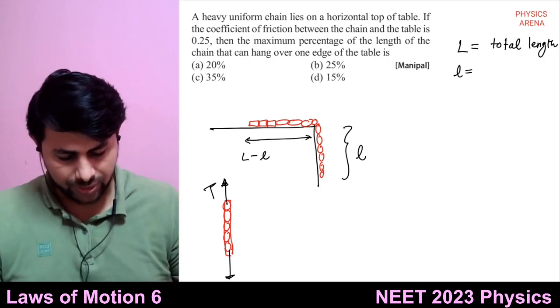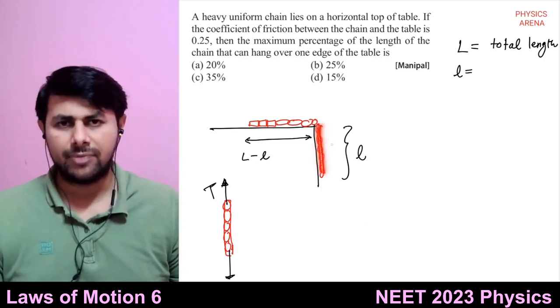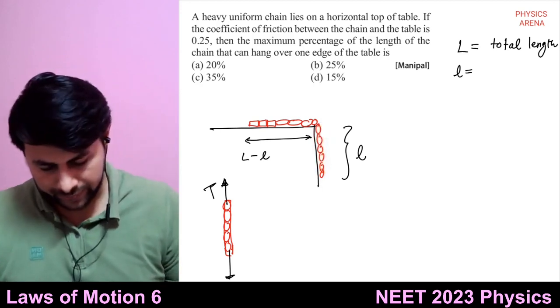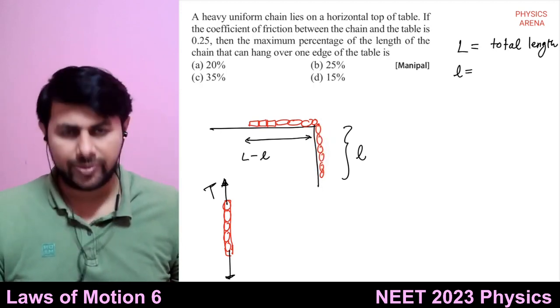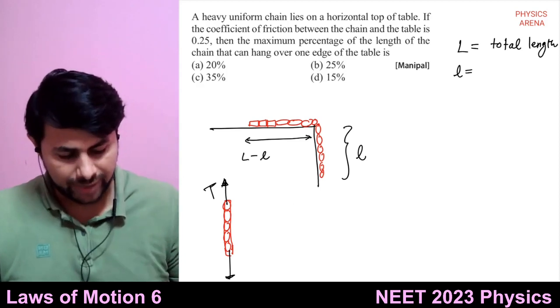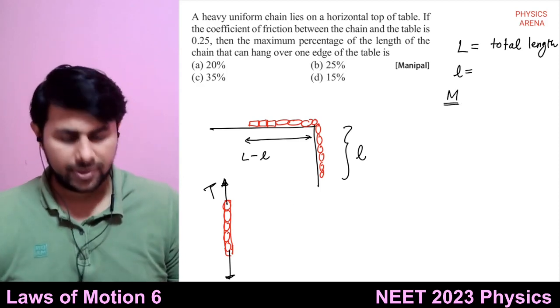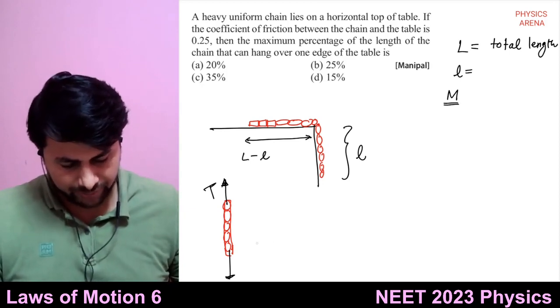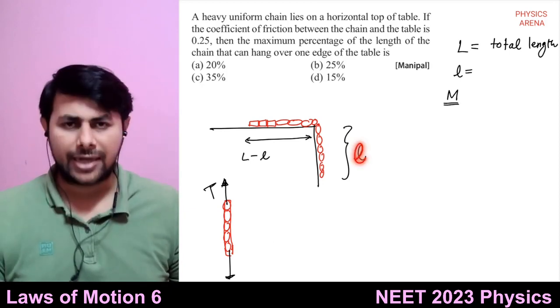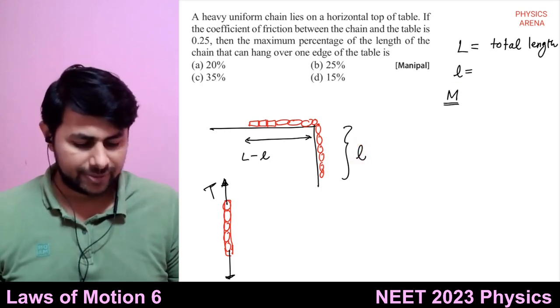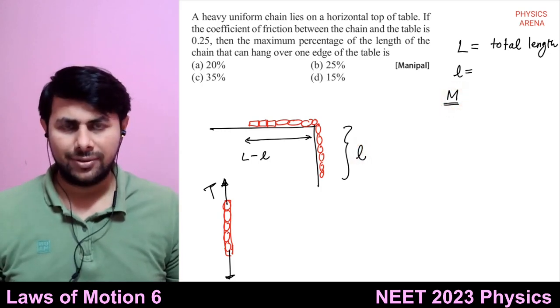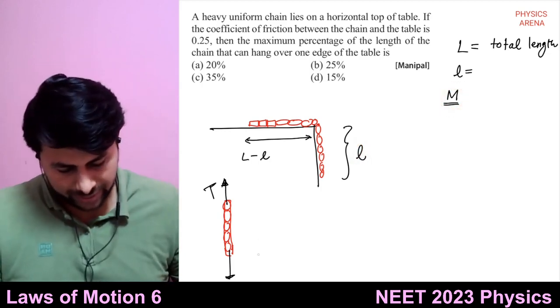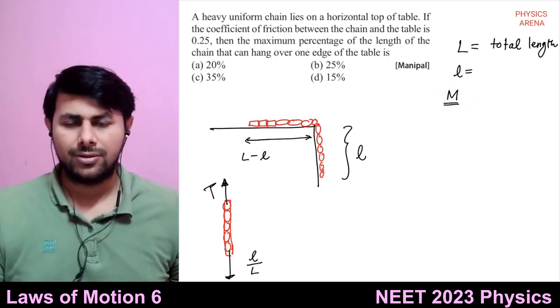It will be equal to mass of this part multiplied by g. If total mass is capital M, then the mass of this part is the fraction of length multiplied by this mass. So what is the fraction of length? It is l upon capital L.